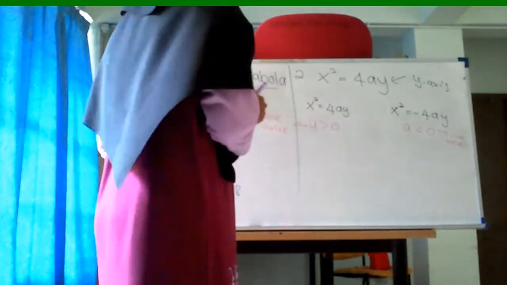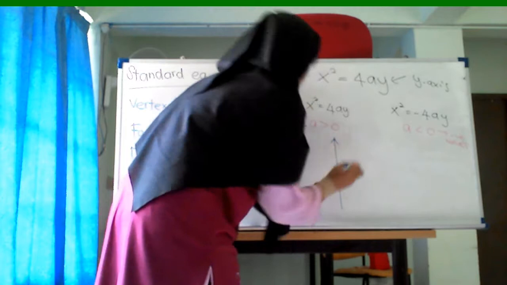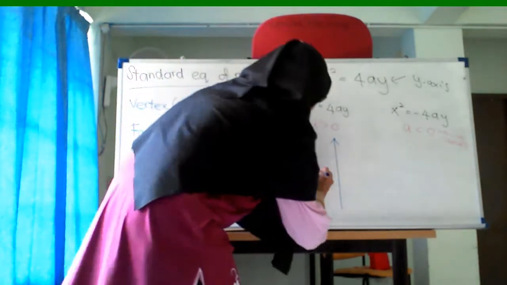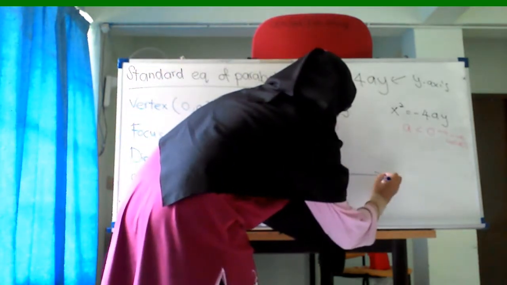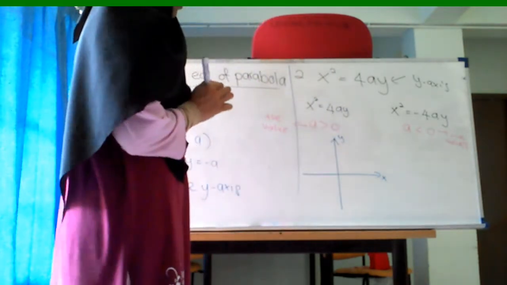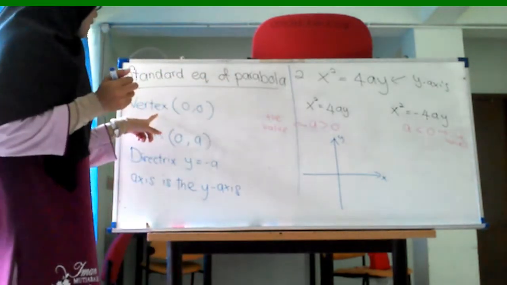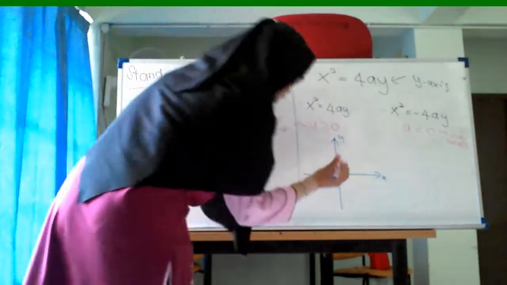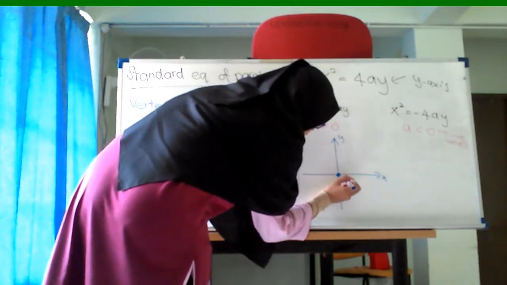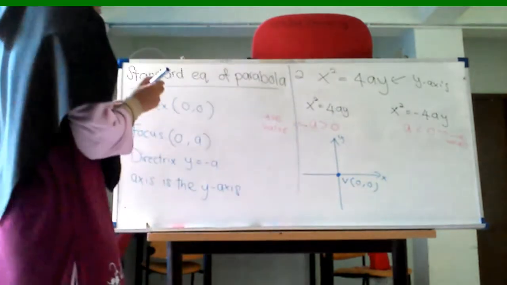Since the vertex lies on the y-axis, as you see, the vertex is 0, 0, here is the vertex, and the axis is the y-axis.